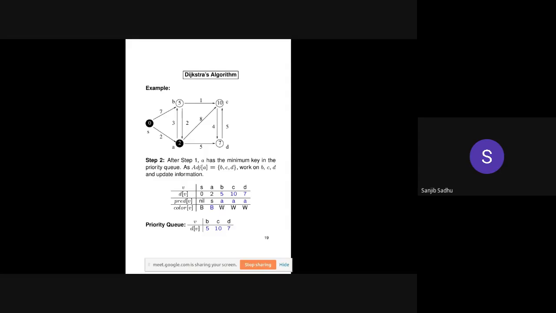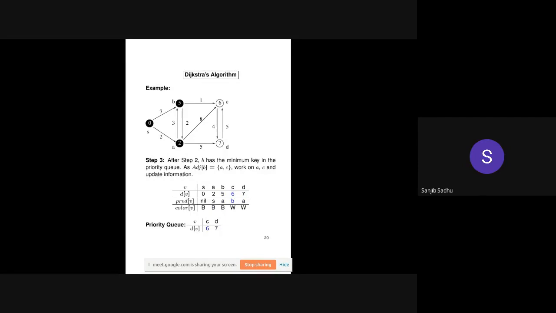I told you that I should use that vertex for which the DV value is minimum. So which vertex will be selected, B or C or D? Sir, B. So next B.